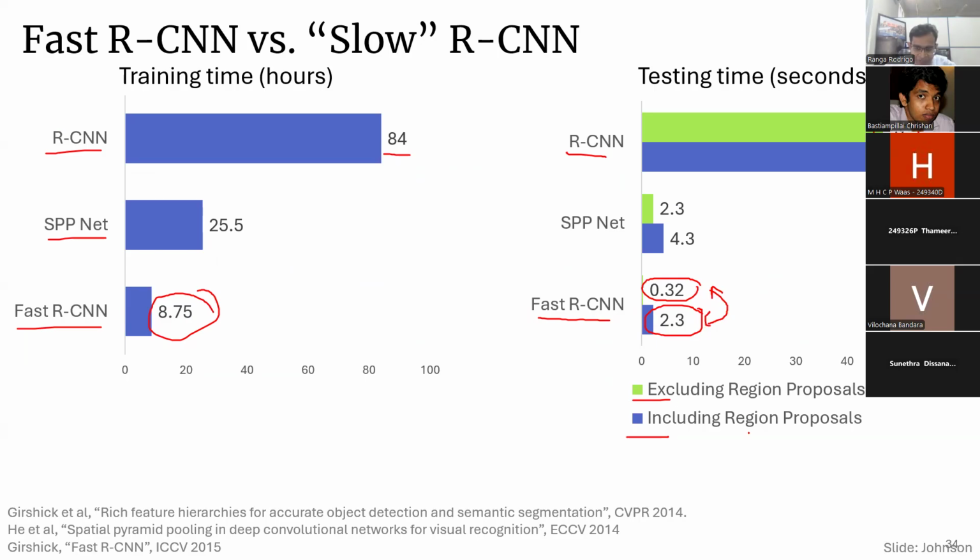So region proposals are taking time in fast RCNN. In the RCNN, the time taken is so huge that you don't care about those differences. But now you care. So that means the conventional way of doing region proposals is time consuming.